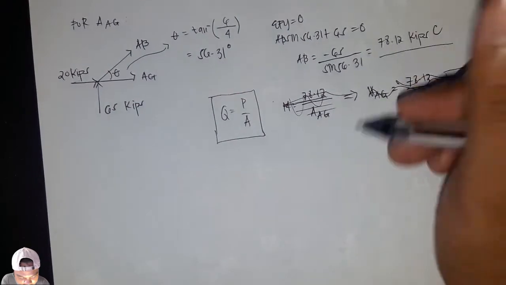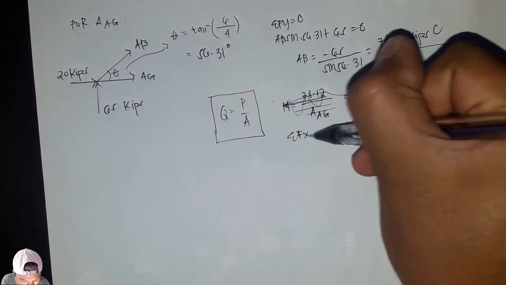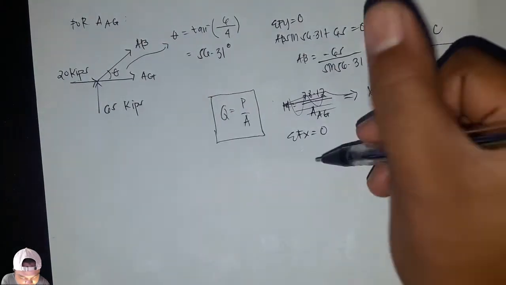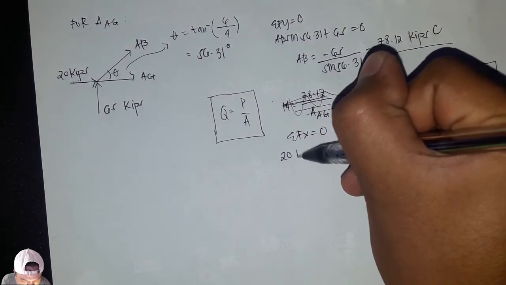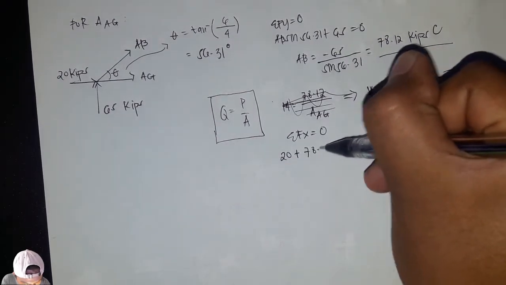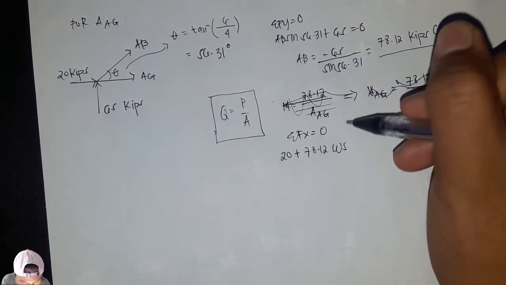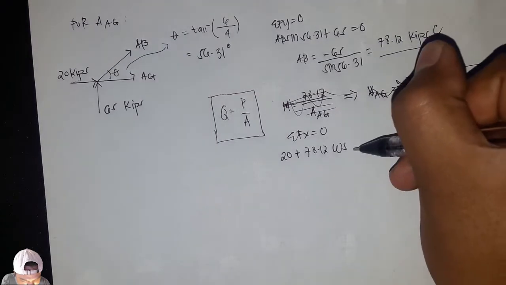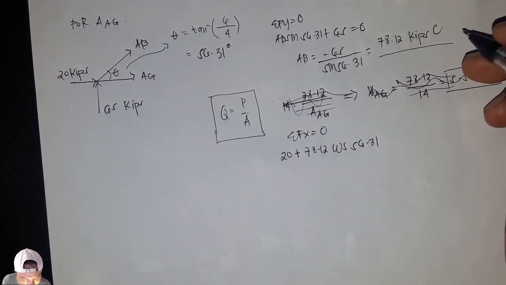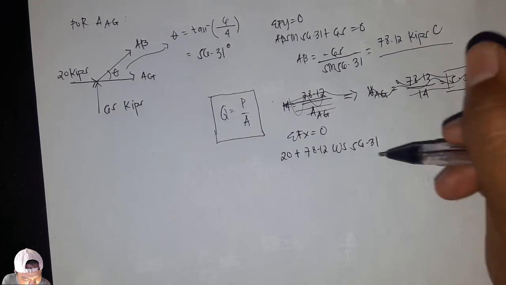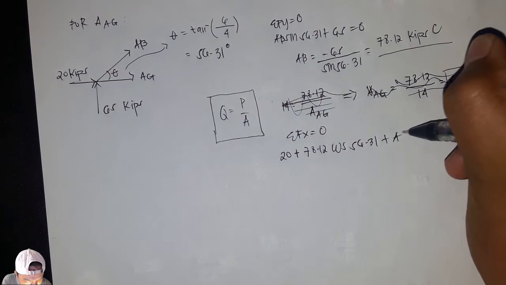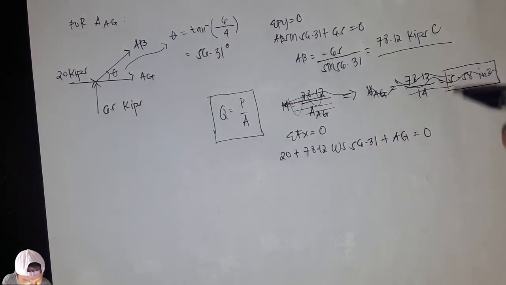And to solve it, summation of forces x tayo. Summation of forces equals to 0. So meron tayong 20 kips plus AB. So, yung AB natin is 78.12 cosine of 56.31, and the AG plus AG is just equal to 0.